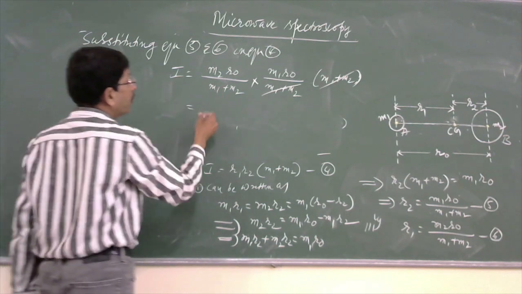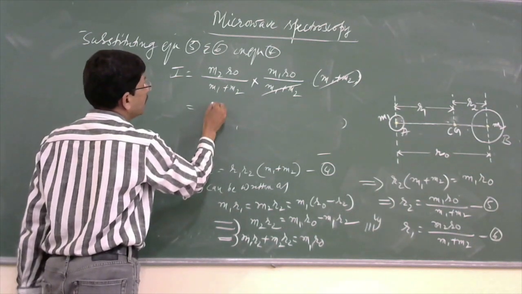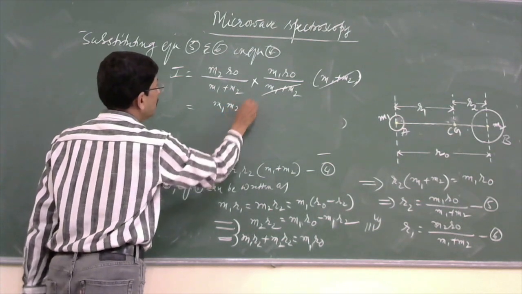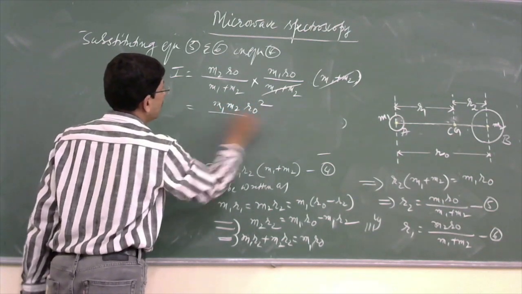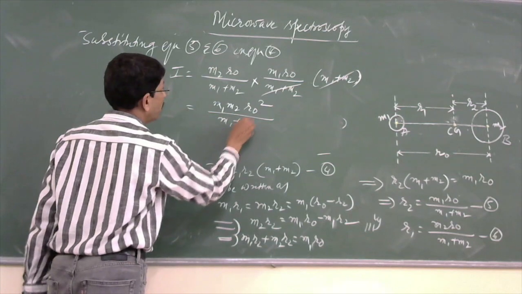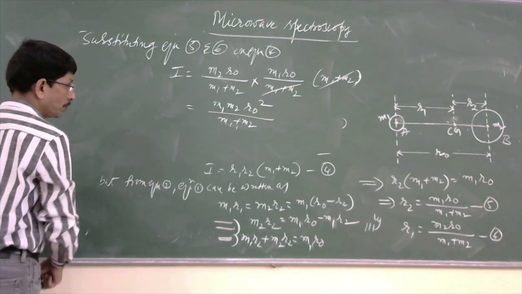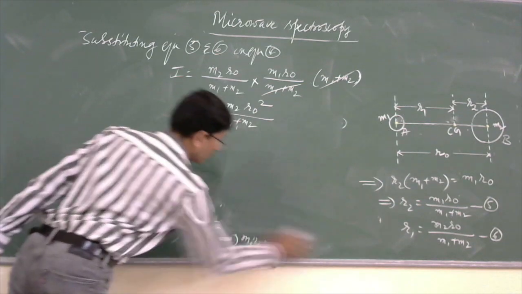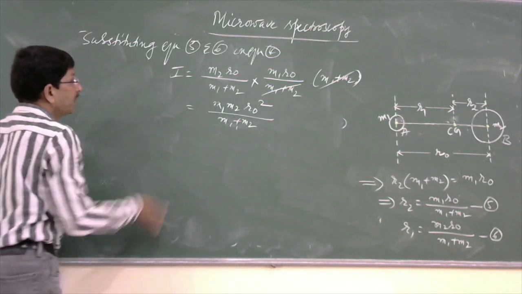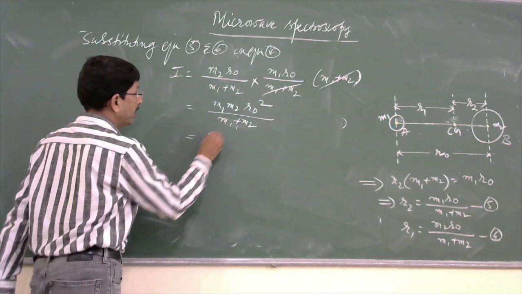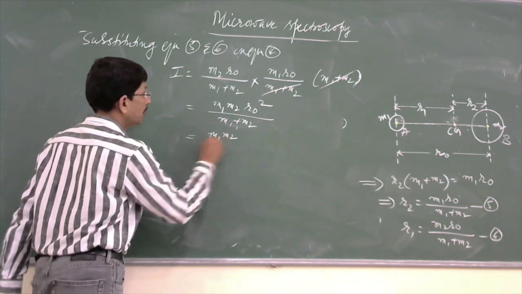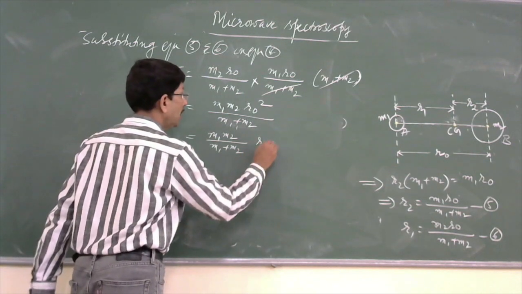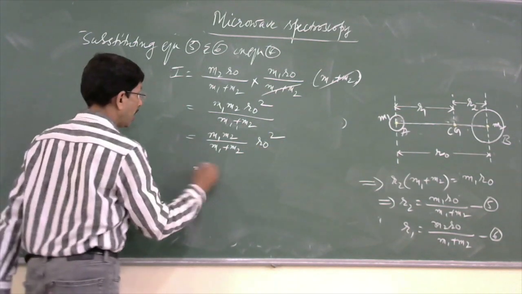So we have this as M1 M2 R0 square divided by M1 plus M2. This can be rearranged as M1 M2 divided by M1 plus M2 into R0 square.